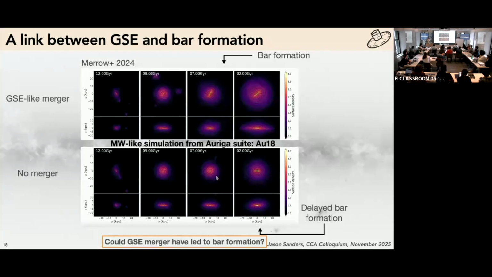The kinematic conditions are right for bar formation, but the merger event encouraged it on its way. This is interesting and suggestive that maybe in the Milky Way we have a bar that's been merger induced. And further work on exactly pinning down these timings will perhaps shed a bit more light on that.